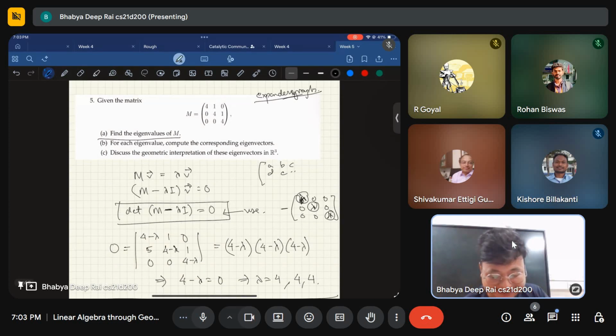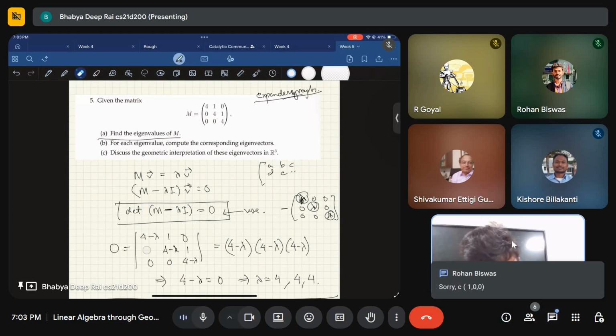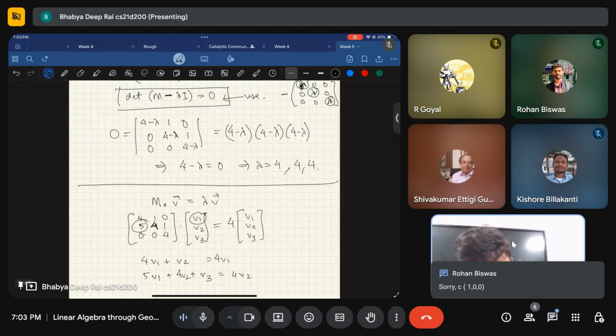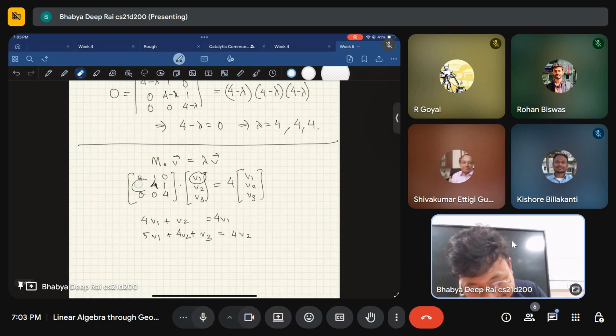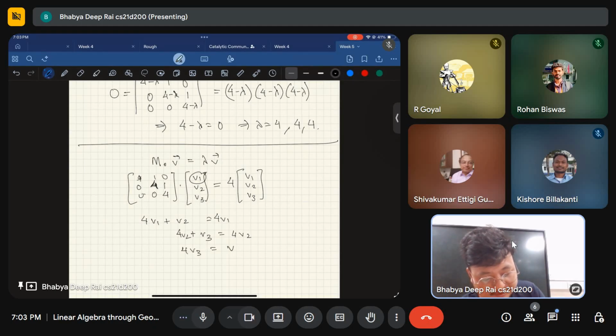Sorry, I don't know how I saw a 5 there. Okay, 0, and v1 will not be there. Good. And here just 4v3 is equal to v3.